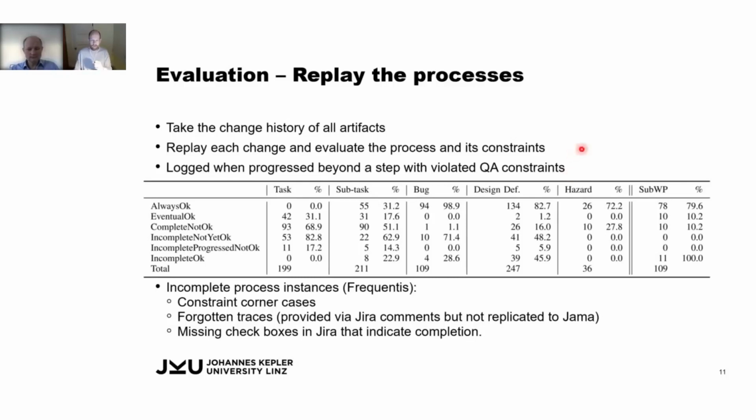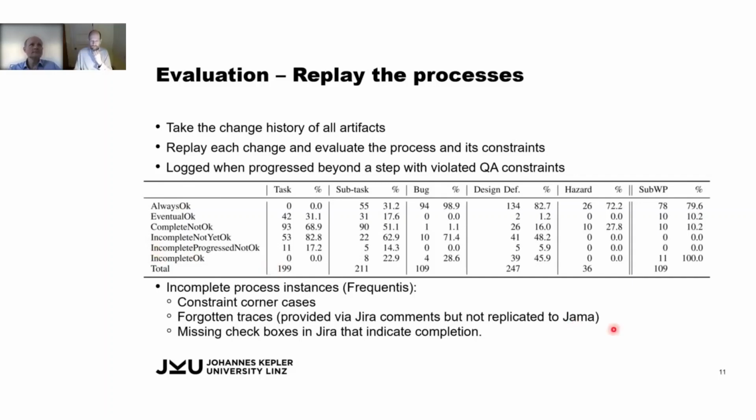And so perhaps just briefly, not diving too much into detail into this figure, we had to look at the processes, whether they were always okay or just okay at the end, and also those that were incomplete, whether they also progressed beyond a certain state while violating constraints.